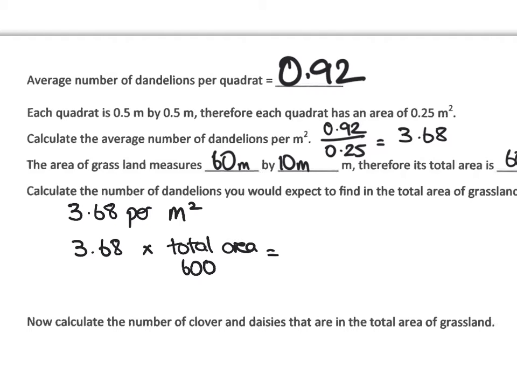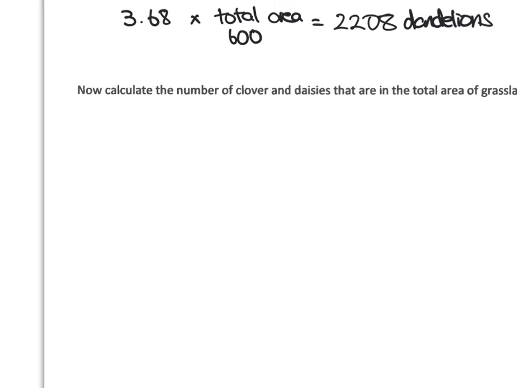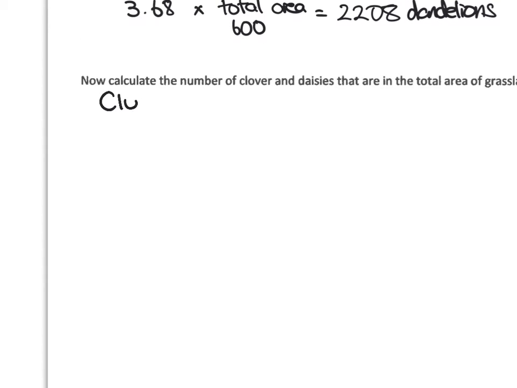Anybody? Yep. 2,208 dandelions in the whole area. So you're going to do the same for clover and daisies.